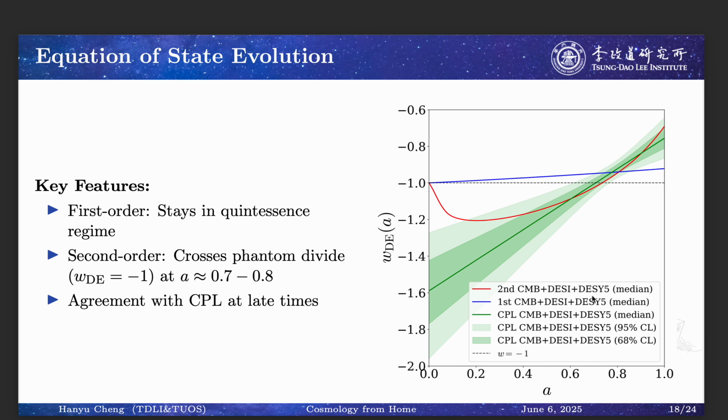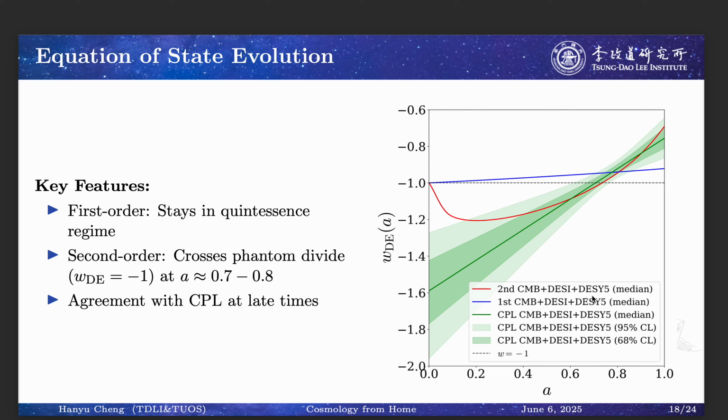We also show the reconstruction of the equation of state. In this case, the blue line corresponds to the first order expansion model, the red line corresponds to the second order expansion model, and the other line shows the CPL result. The interesting thing here is that in the late universe, when dark energy starts to dominate, our second order model behaves very similarly to CPL, and both of them have phantom crossing behavior.